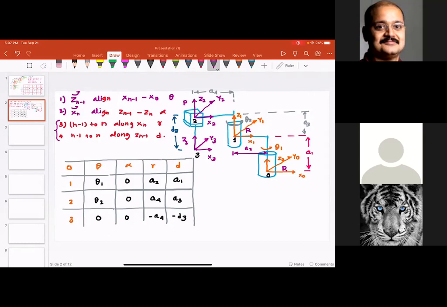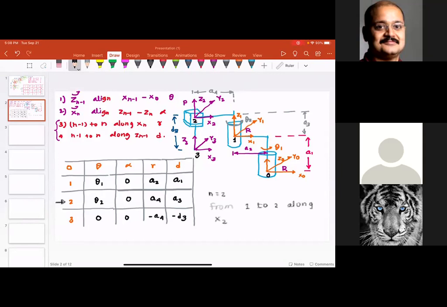So once again, I know where the confusion is. Right now we are here. Do you agree with me? So n is equal to 2, and I need to go from 1 to 2 along Xn, which is X2.